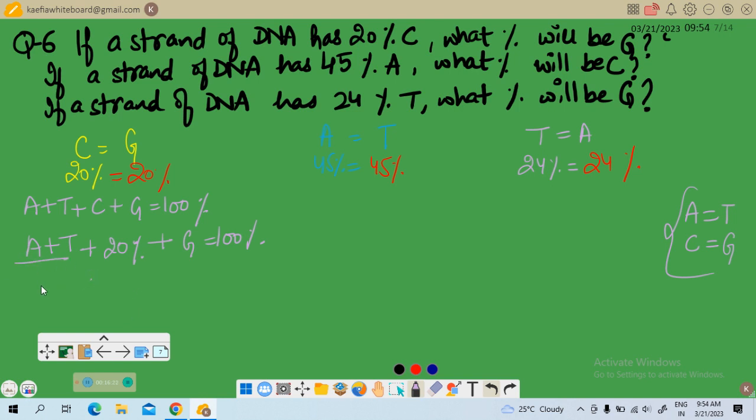A plus T we don't know, so G will be 80% minus A or minus T, right? So that means G will be less than... okay, just 1 minute.